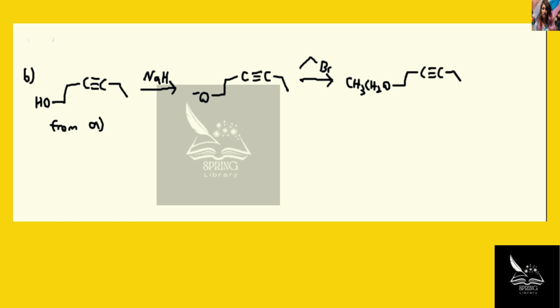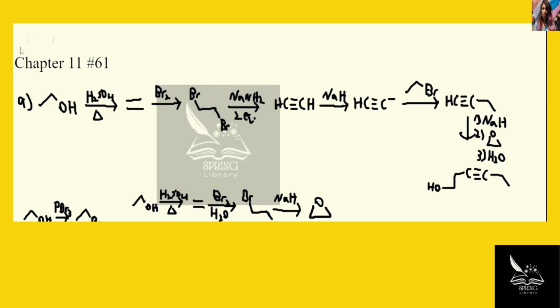There we go, there's the answer to part B. Again, we started from the product from part A. And here's part A: we made a couple things that we needed from ethanol and used several reactions that we've learned in this chapter. And that's the answer to chapter 11, problem number 61.